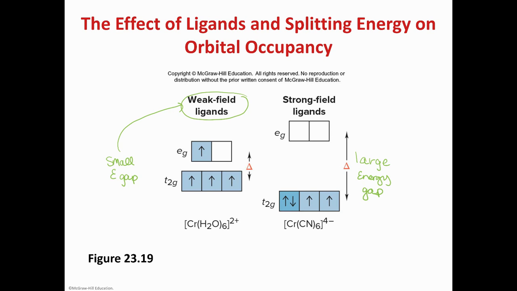The ones that produce a large energy gap are called strong field ligands. And this is where you're going to see a distinction in color and magnetic properties. Water in this example is shown as a weak field ligand, and cyanide or cyano is a strong field ligand. You see how the gap is much bigger, and that's going to affect its color and its magnetic property.